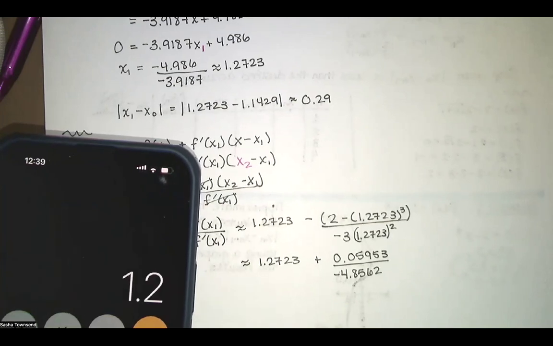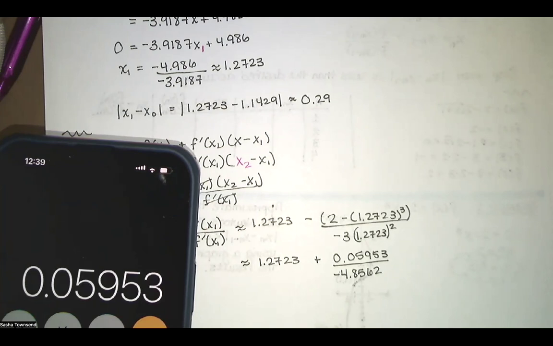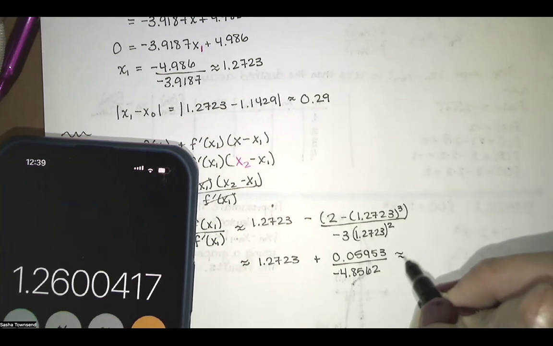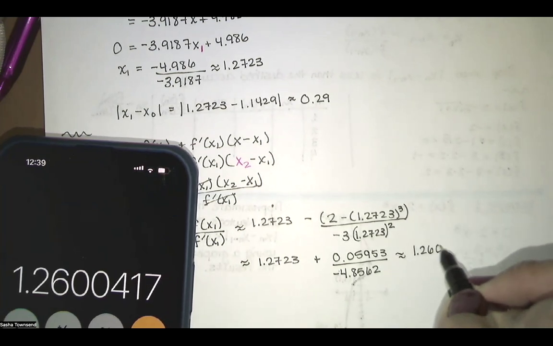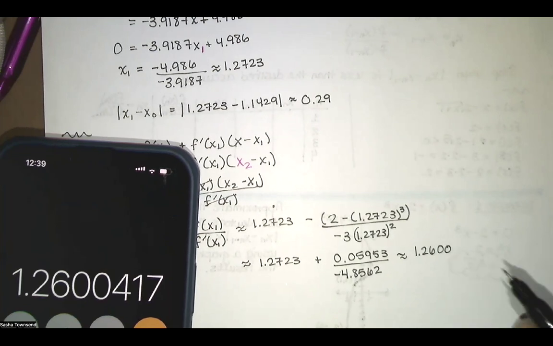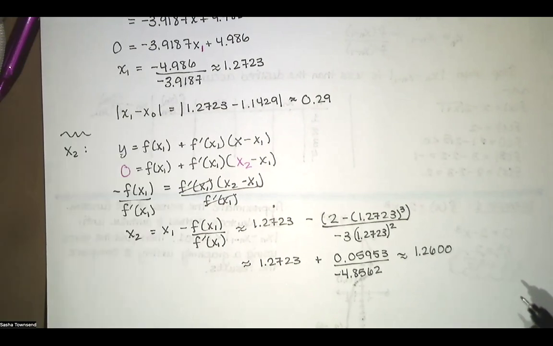So we'll do 1.2723 minus 0.05953 divided by 4.8563. And I get approximately 1.2600. So that's my x2.